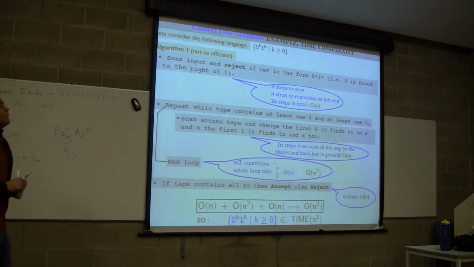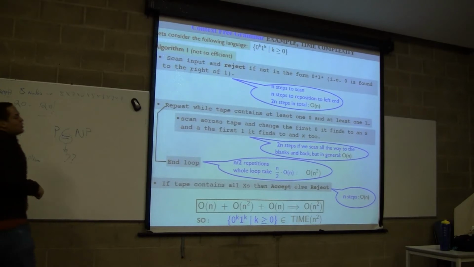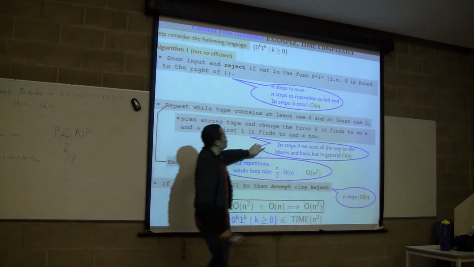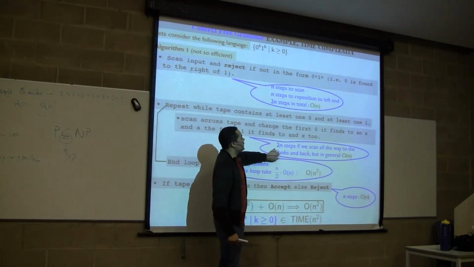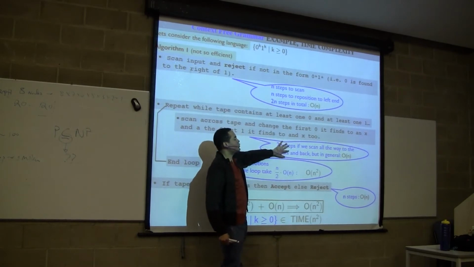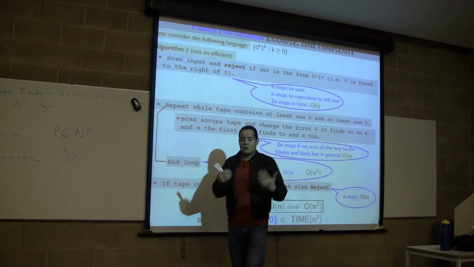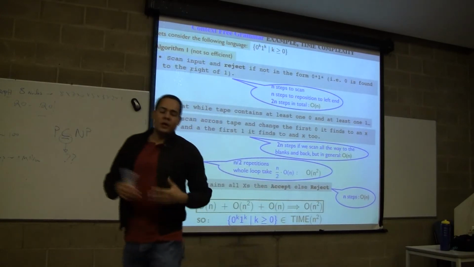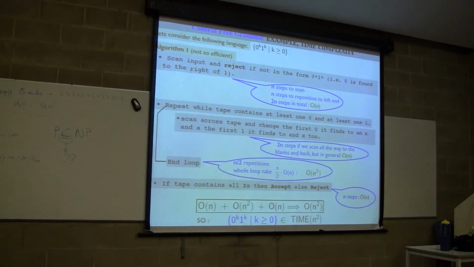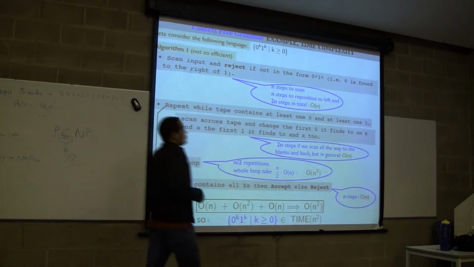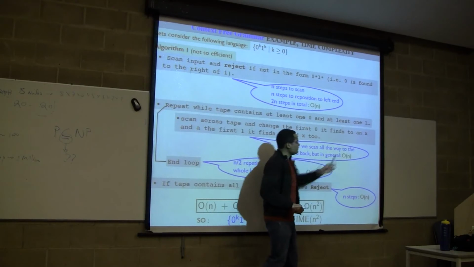But this is not generally true because I don't need to really scan all the way to the blanks, so this can actually become very efficient. But anyway, the computation taken for whatever code you come up with will always be bounded by linear. So at the end of the day, what you get is also linear computation there. Okay.